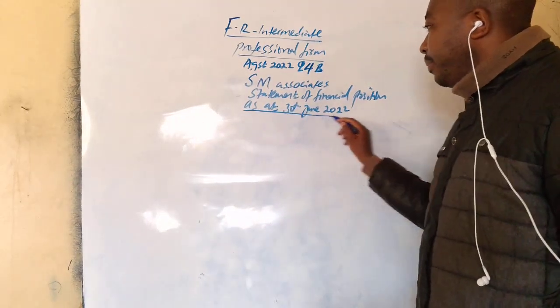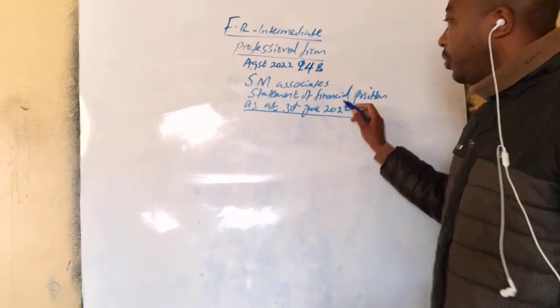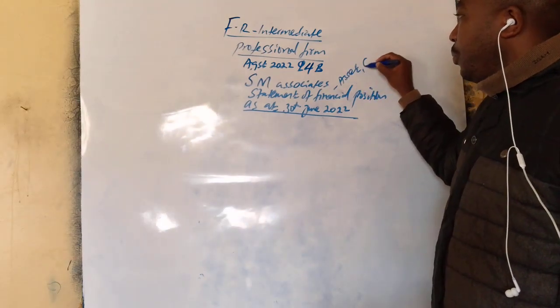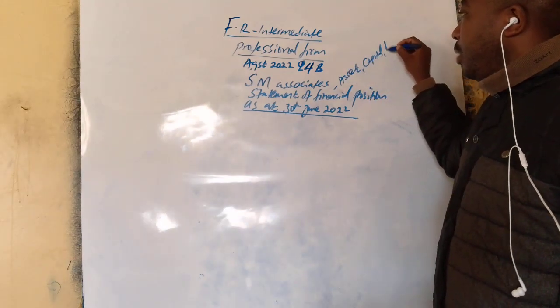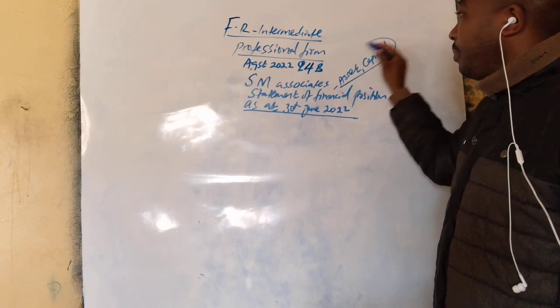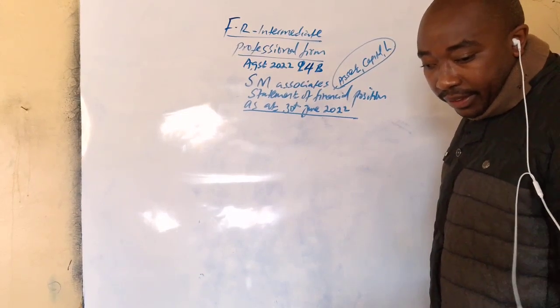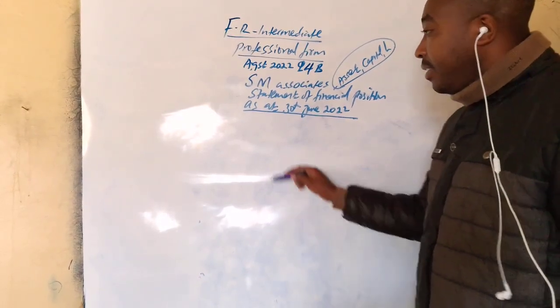Remember this one, this is the balance sheet. So we are supposed to record assets, we record the capital, and then we record the liability. Asset, capital, and liability. So let's start with assets.